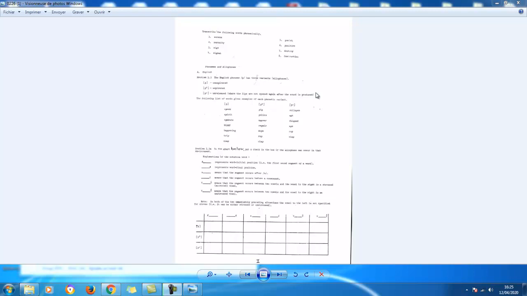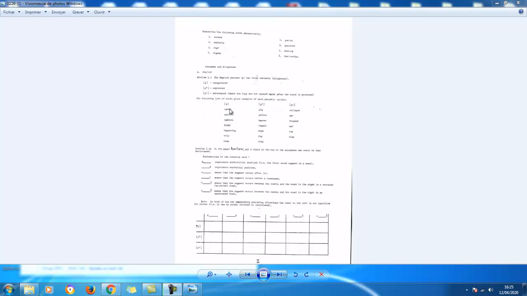Phase 1, which is the closing phase, phase 2, the actual closure, and phase 3, the releasing or the opening phase. Now, sometimes P, when it is used in some phonetic environments, it can be unreleased. That is, that release which should normally take place at the end of the production of P, it does not take place.